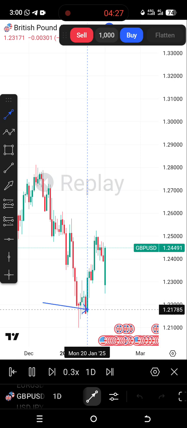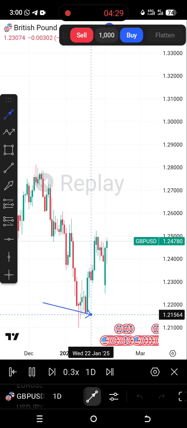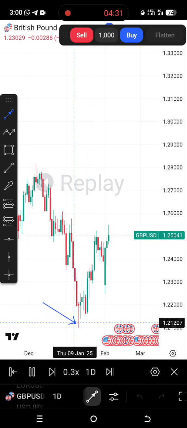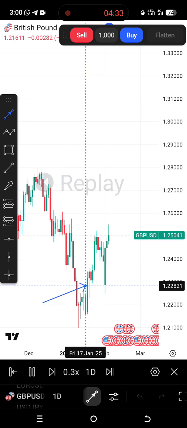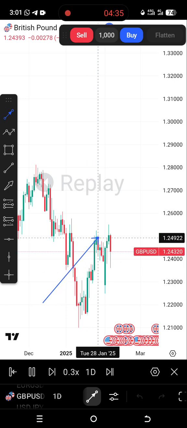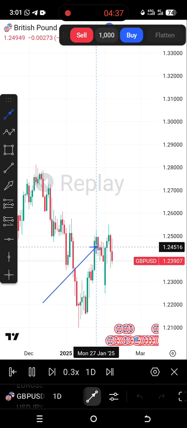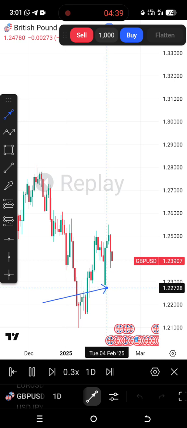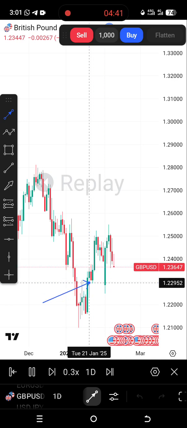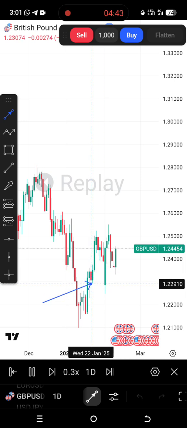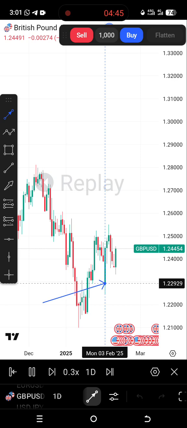So this low is protected. We are not expecting price to go below here. The same with this, but this one is the most recent. So after the break of structure, we are bullish. All this move now, we are bullish, of which price later came down, and then we closed below this swing low with this candle body, which means we are bearish.